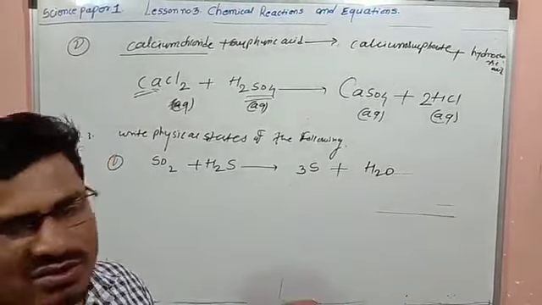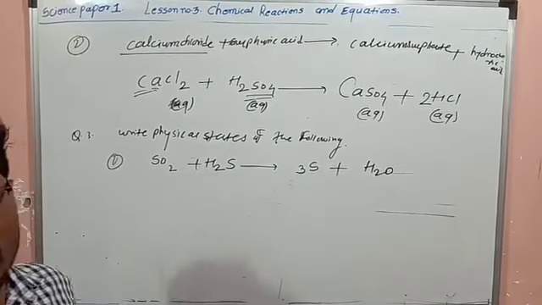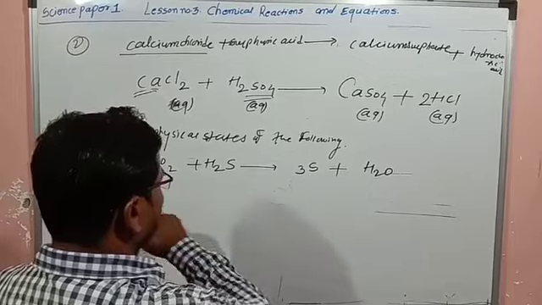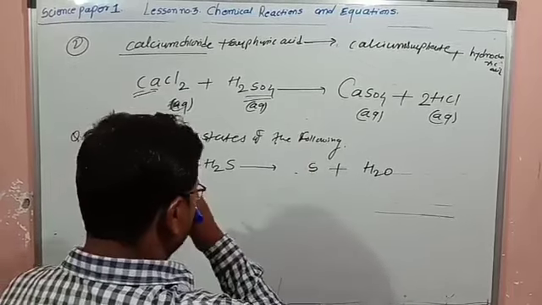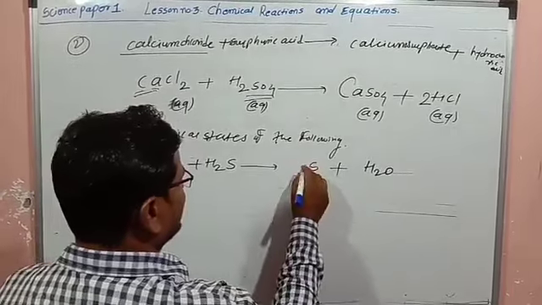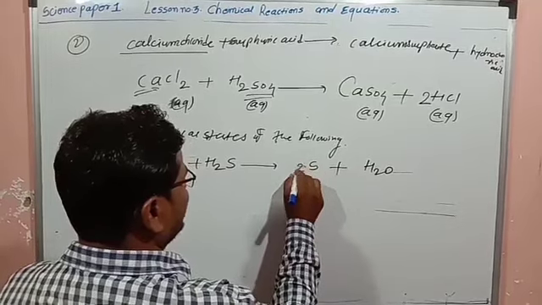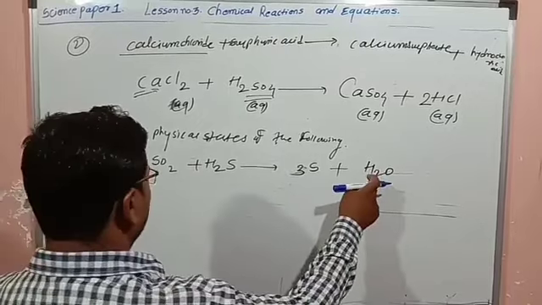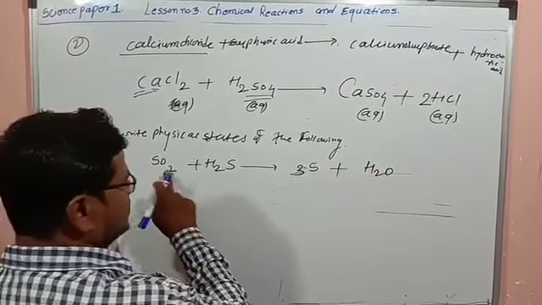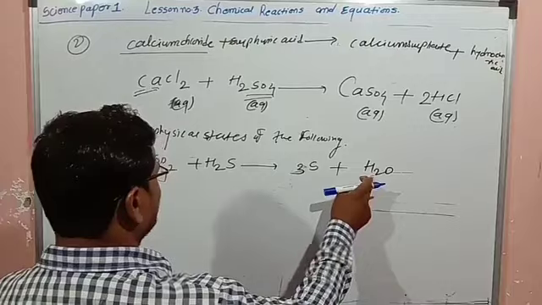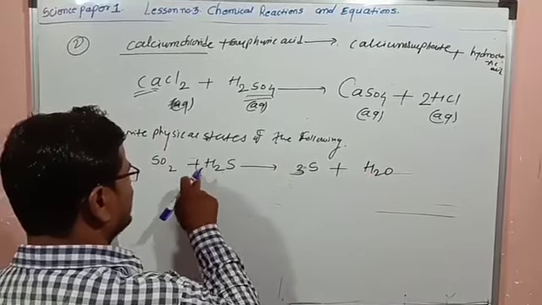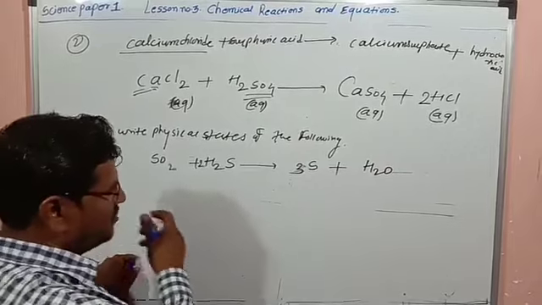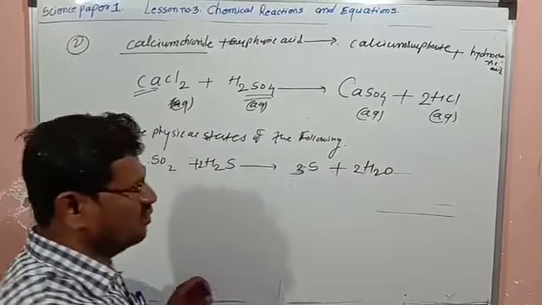Okay, so what you can do in that: SO2, okay, wait, 3, and here how many hydrogen are there? 2 are there. Here hydrogen 2, and here sulfur 1. So one thing you can do: 2H2S, you will write 2H2O.